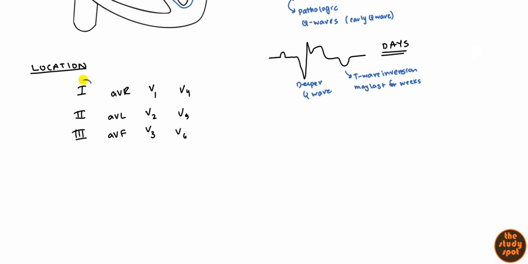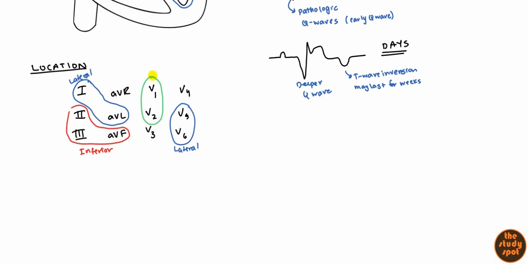The way I look at it is I, aVL, as well as V5 and V6 are all lateral. So when you have ST elevation here, that signifies more of a lateral type of infarct. Whereas if you have II, III, and aVF, this is inferior. Finally, V1 and V2 signify more of a septal type of issue, and then V3 and V4 are anterior.